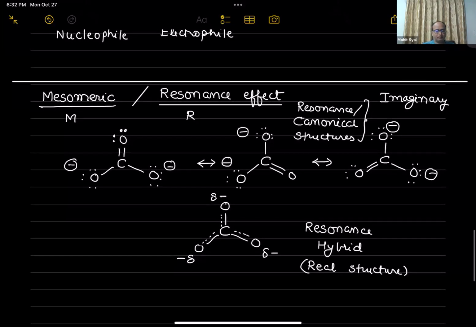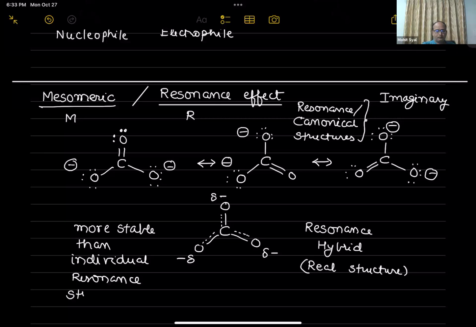Because that hybrid is more stable. And the hybrid is the actual structure which exists, not the single structures.